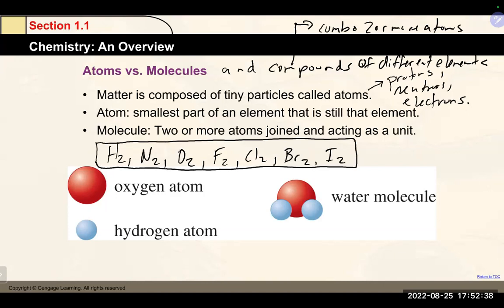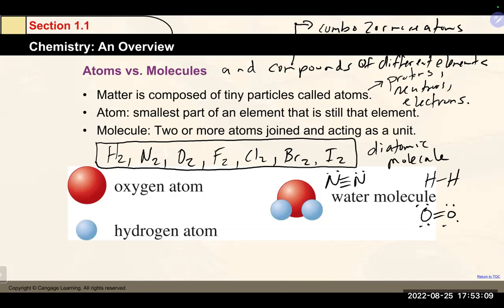This is naturally how they come when they are uncombined. They are sometimes referred to as diatomic molecules, di meaning two atoms, right? So something like H2 is obviously two hydrogens together. Oxygen, a couple of oxygens together. Nitrogen, a couple of nitrogens together.